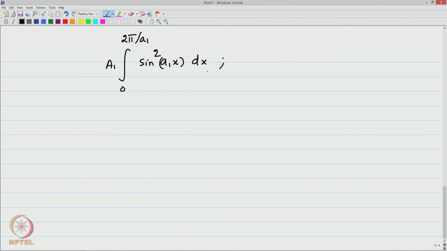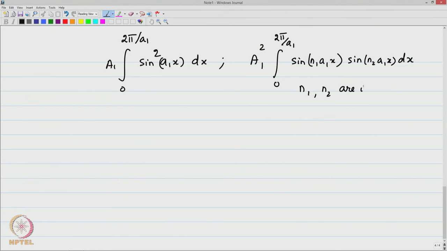This is one function we will see, and another function that we will normally use in this whole course is a product of two of these functions: the integral from 0 to 2 pi by a1 of sine n1 a1 x times sine n2 a1 x dx, where n1 and n2 are integers.